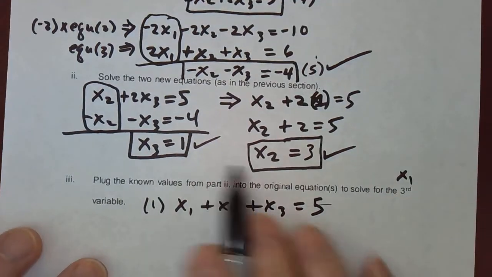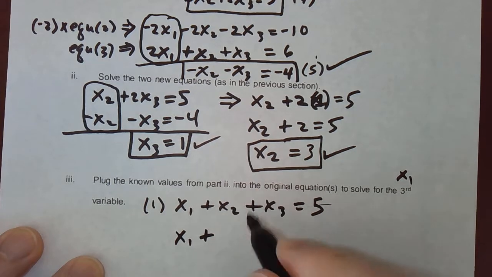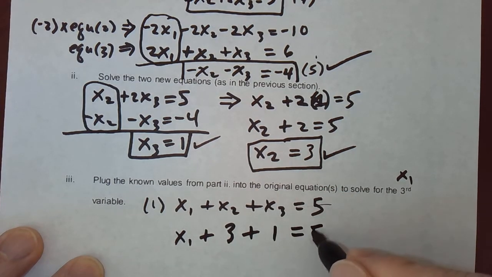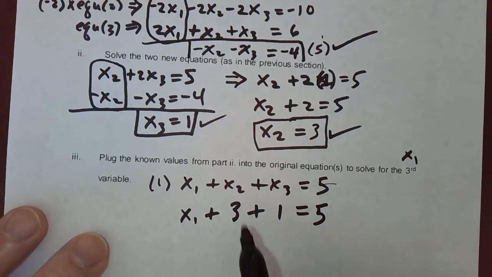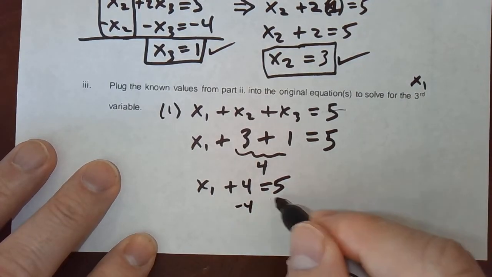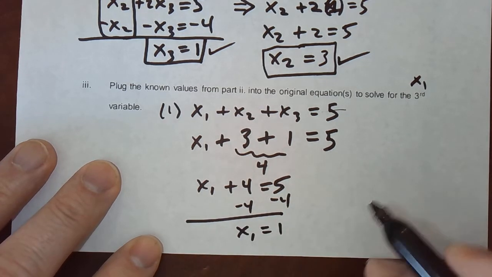And we know what x3 and x2 are, so that gives us x1 plus 3 plus 1 equals 5. And these two add up to 4, so x1 plus 4 equals 5. Subtract 4 from both sides to get x1 is equal to 1.